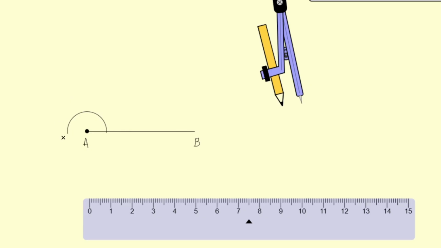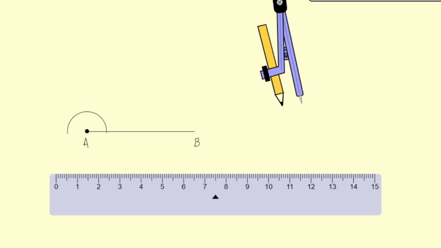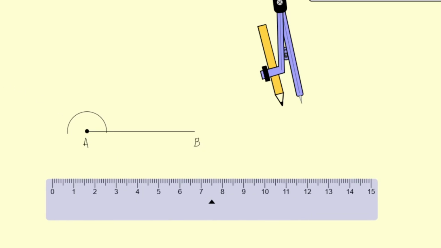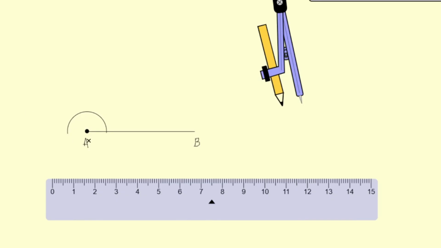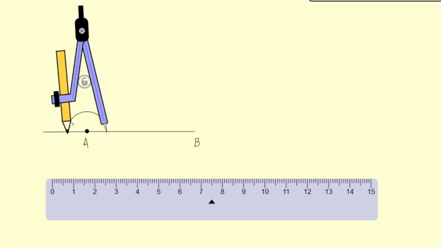Slightly scribe your full semicircle, and then all you're going to do is get your ruler, place it right here, and extend the line. All right? Always use your ruler. Now that we've extended the line, you're going to use the 2 points that you know how to use.